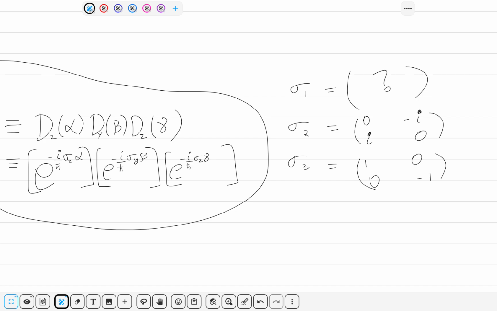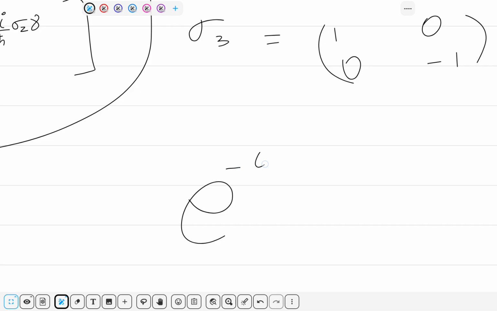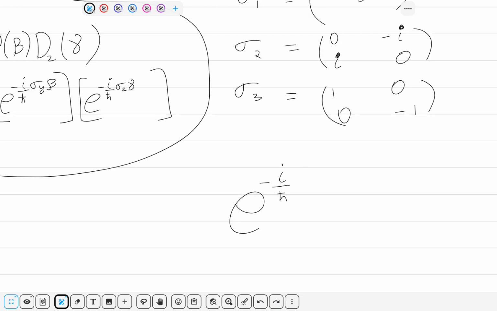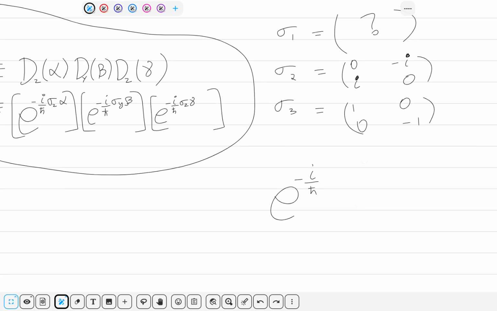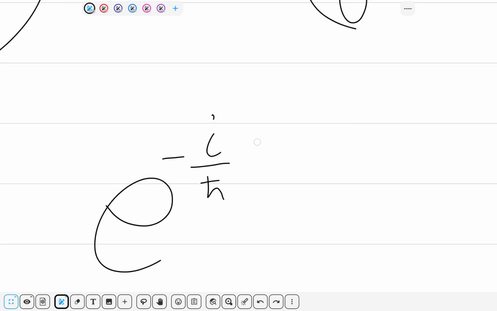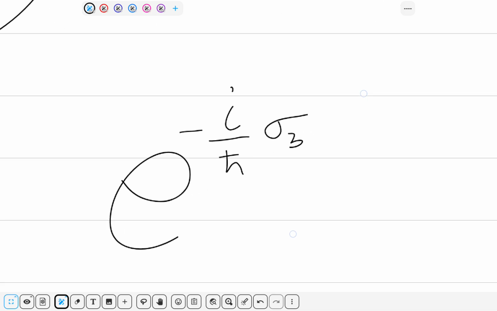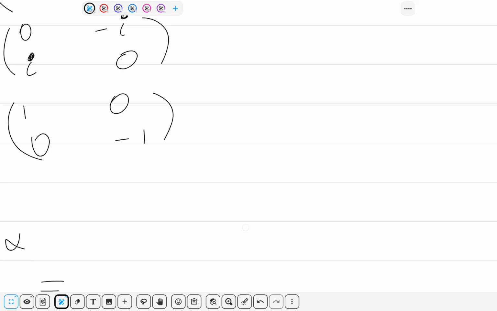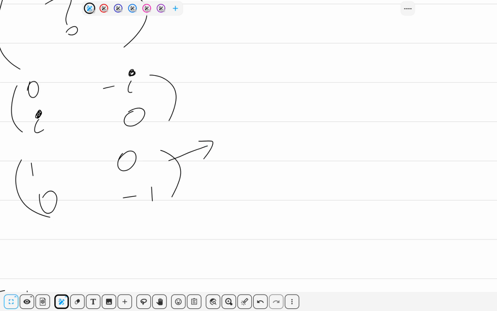So what will be e to the power minus i over h-bar, plus or minus something, let's keep minus, then I will flip the signs, sigma 3 times alpha. First of all, what are the eigenvalues of this? Plus and minus 1.